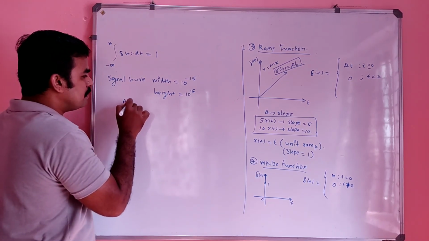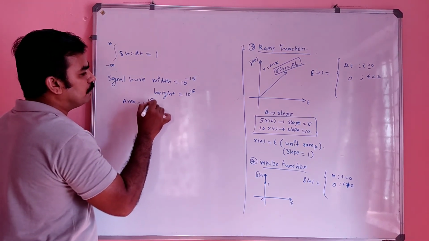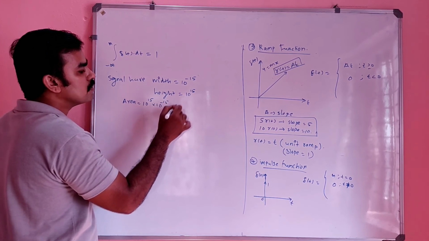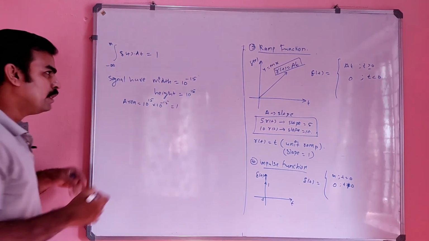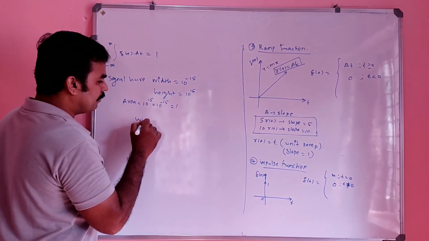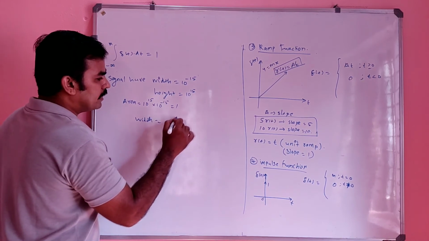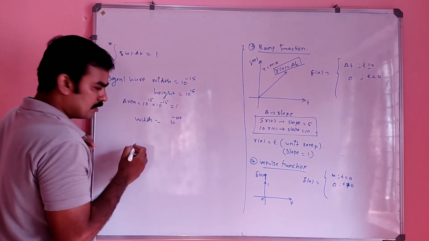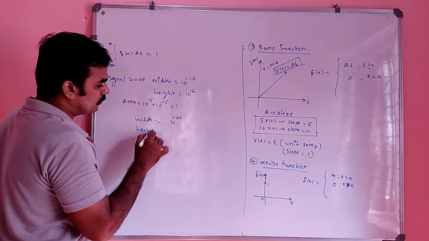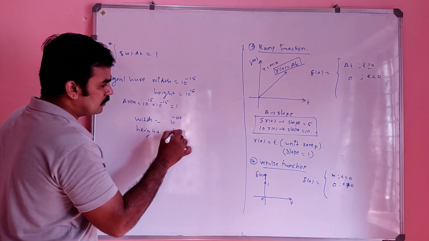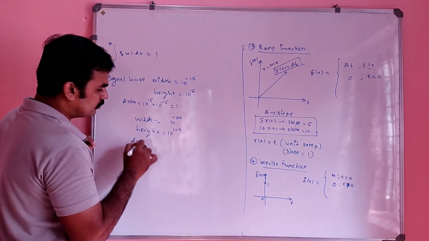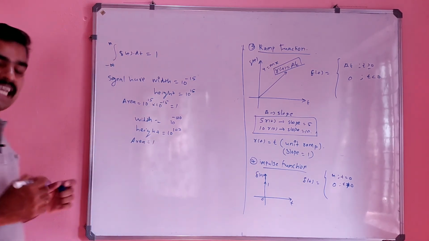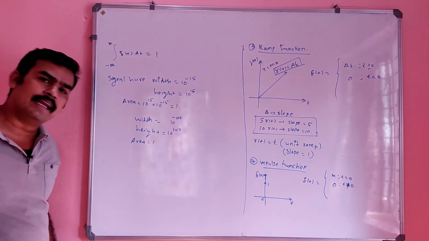Then the area will be 10 raised to 15 into 10 raised to minus 15, which is equal to 1. Or if some signal has a width of 10 raised to minus 100 and a height of 10 raised to 100, then its area is 1. That is the meaning of the impulse signal.